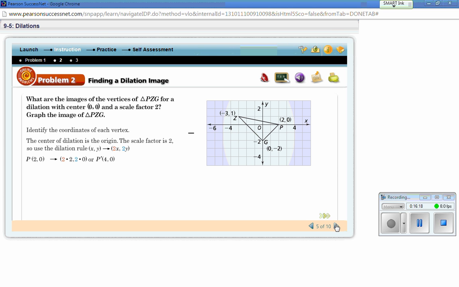What would Z prime be? Negative 6, 2. Okay, and then what would G prime be? 0, negative 4. Because you're multiplying both the x and the y by that number 2. Let's see if that's what happens.